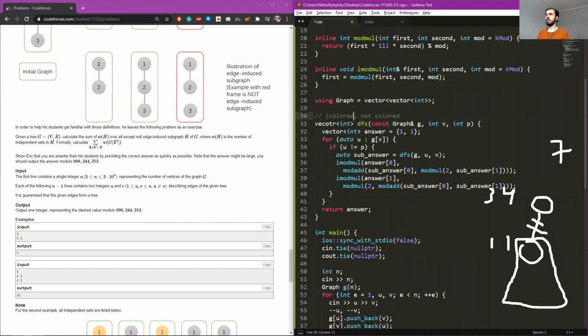So we have a vector. It starts with color, not color, but then it's disconnected. We're actually only interested in disconnected. How many ways to have disconnected? One, right?